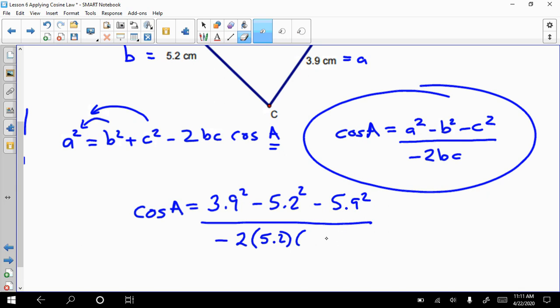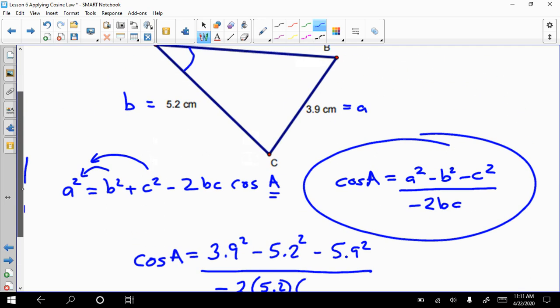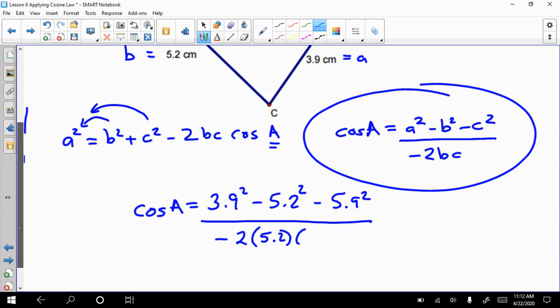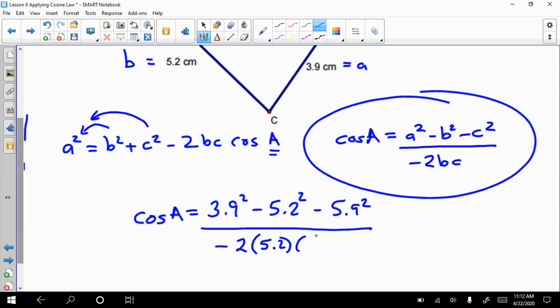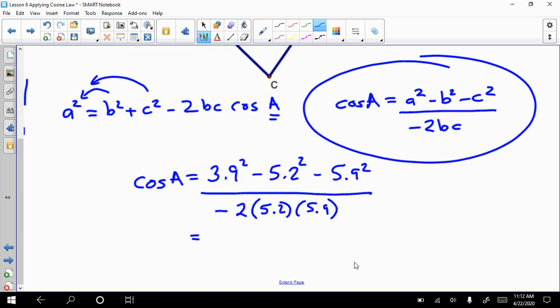So here we go. 5.2 was b, and c was 5.9. Okay, so here we go. Let's do it in our calculator. So I'm just going to do it slowly. You can follow along with me.